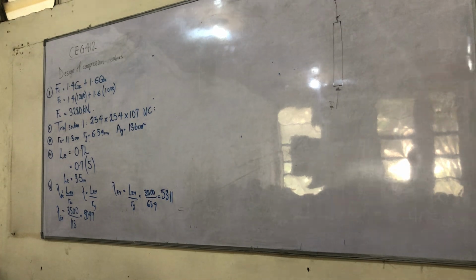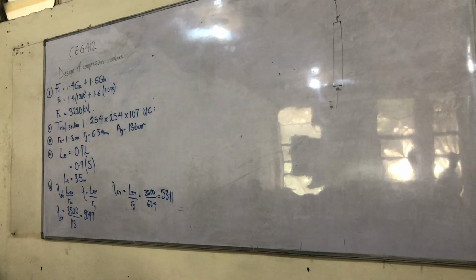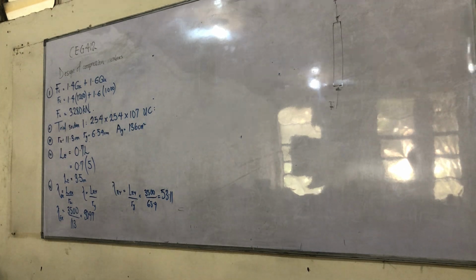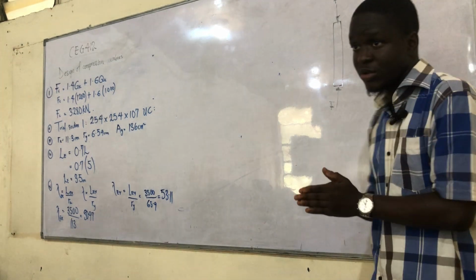Please, it's not the front row I'm asking. Should I move on without you people? Are you in table 23? Good. Now, it says type of what? Section. Universal column is what type of section?